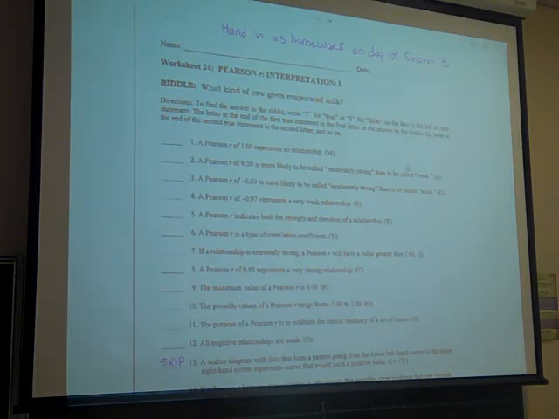Look at these true-false items. Take a couple of minutes and we'll do them together.